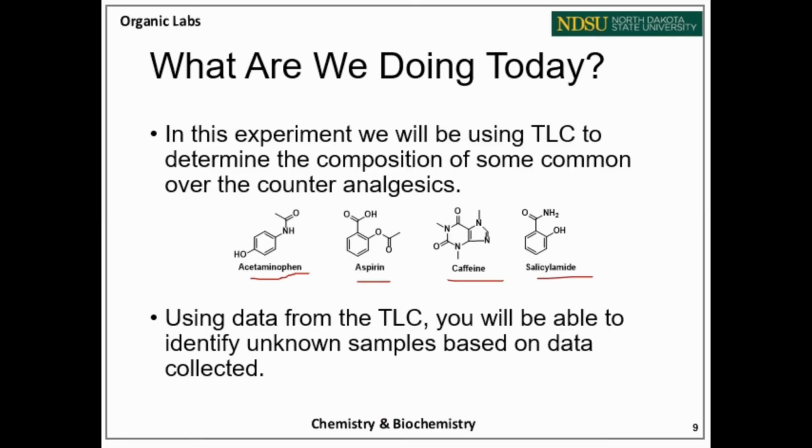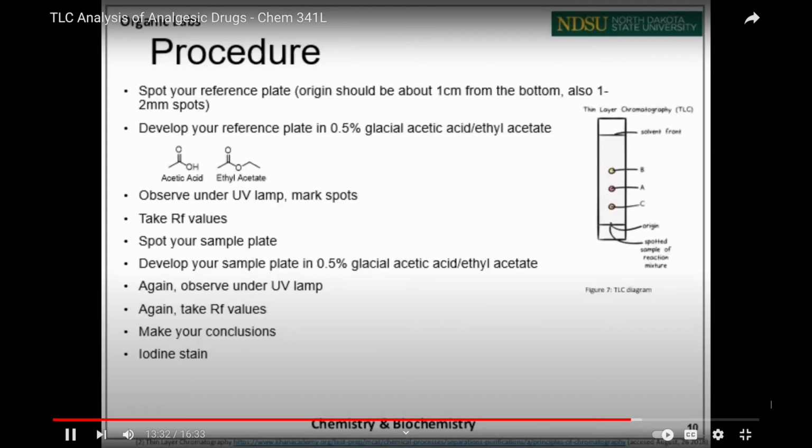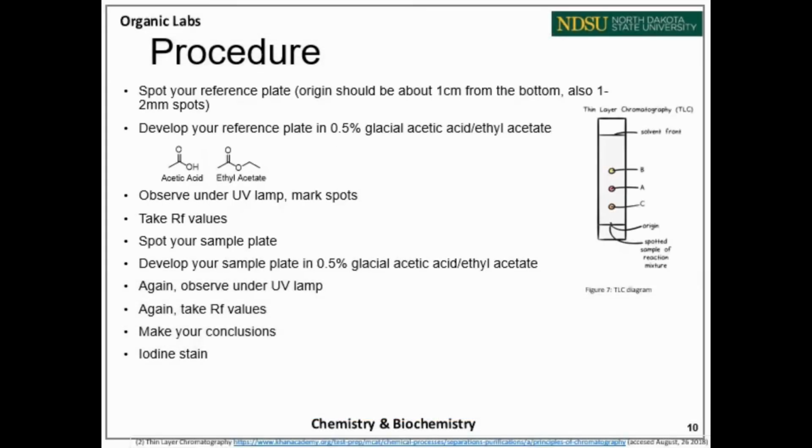You will then take TLCs of the analgesics, and then you will tell us exactly which of these compounds are contained in these analgesics. Using the data from the TLC, you should be able to identify these unknown samples based on these RF values that you've collected.